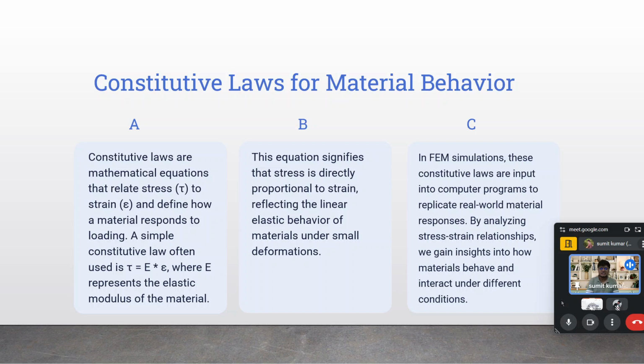In finite element simulation, these constitutive laws are the input into the computer program to replicate real world material responses. By analyzing the stress strain relationship, we gain insight into how material behave and interact under different conditions.